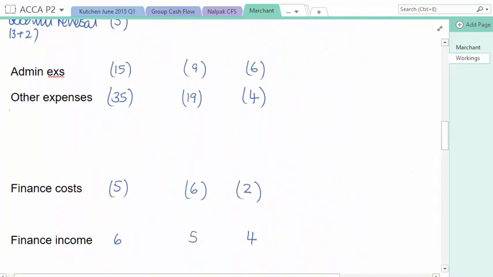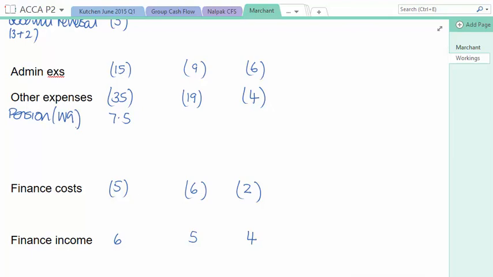So I'm going to go to other expenses, pension, 7.5 from working number 9. Let's now take a look at the next note.